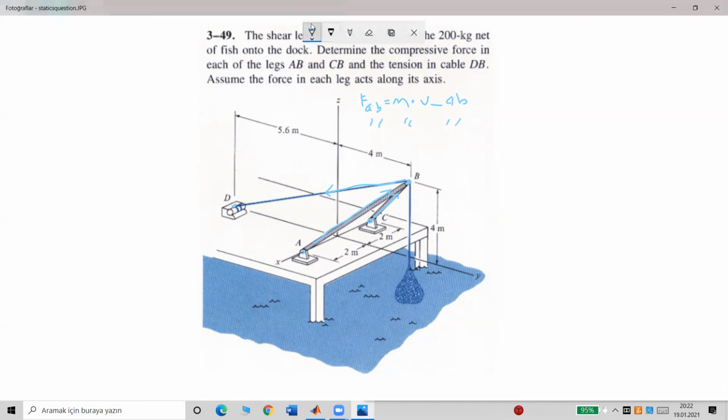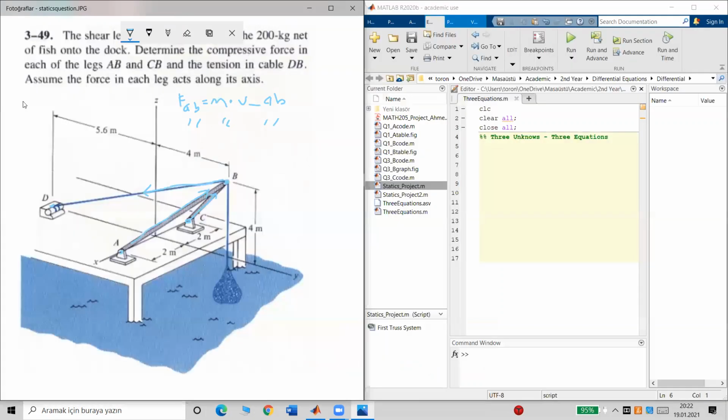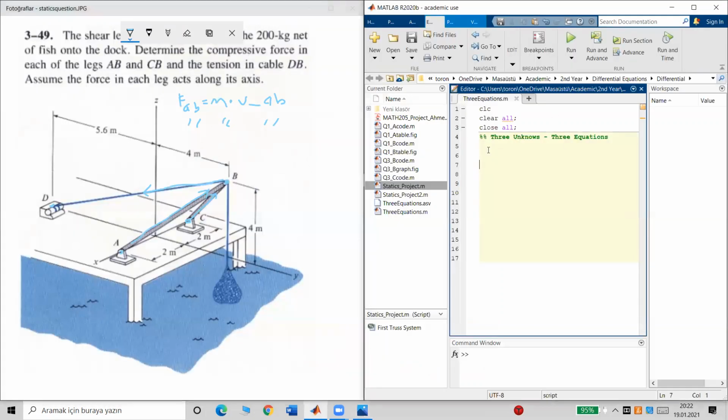So let's start with finding out the points and their coordinates. For that, I open a new script and I will define the points now. For example, point A is, as you see here, 2, 0, 0.